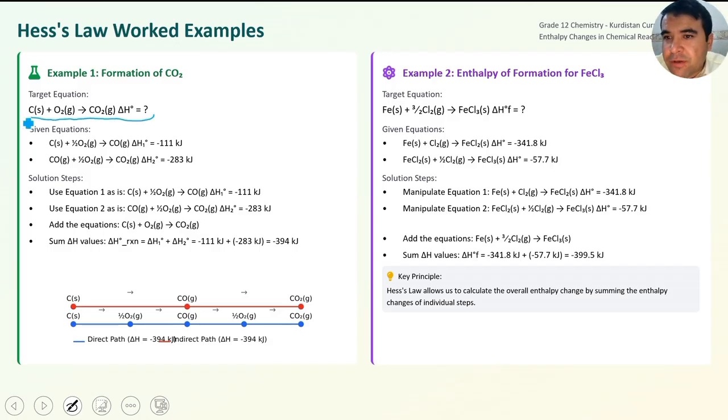Here it's given that the enthalpy of this reaction should be calculated, and then 2 steps are given to us. Of course, guys, always keep in mind that except the oxygen in the reactions, however many reactants and products there are in the reaction, there should be the same number of steps.